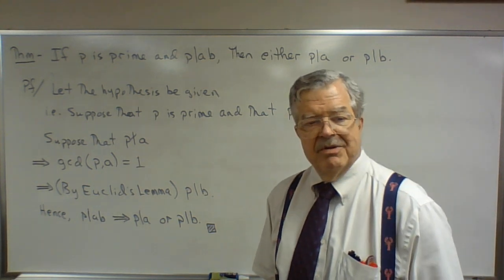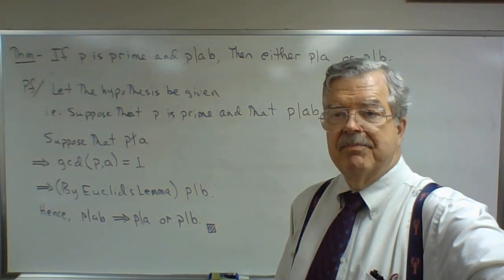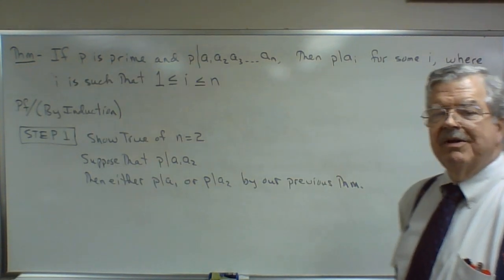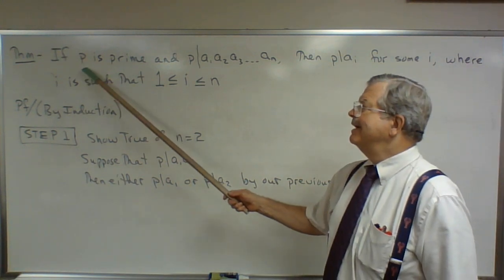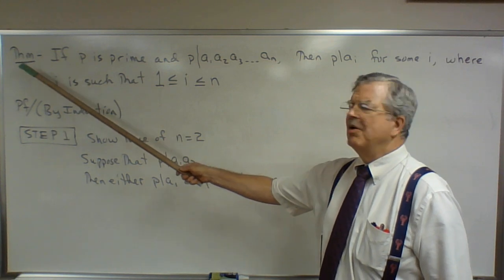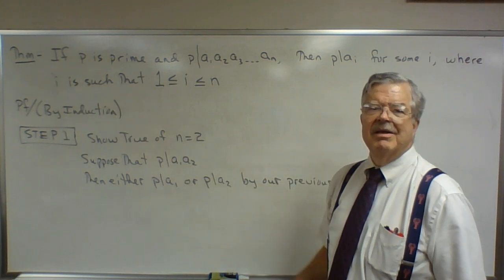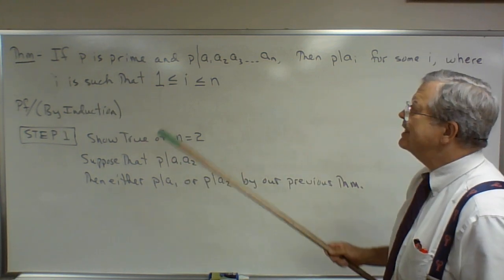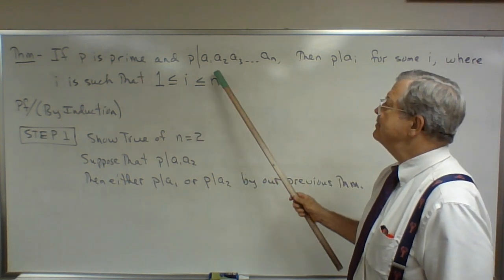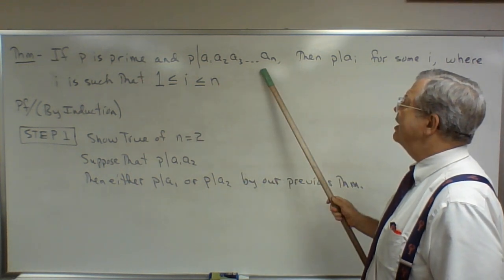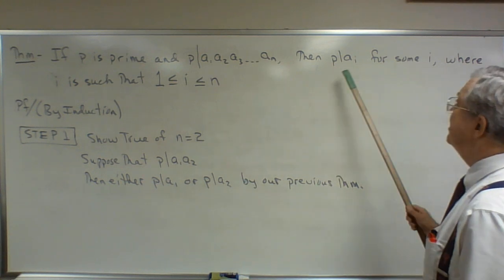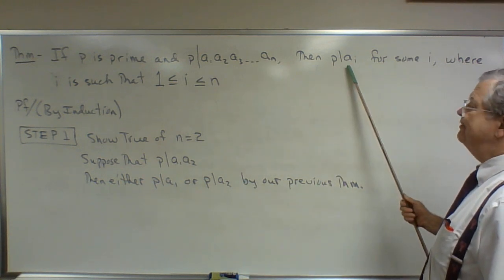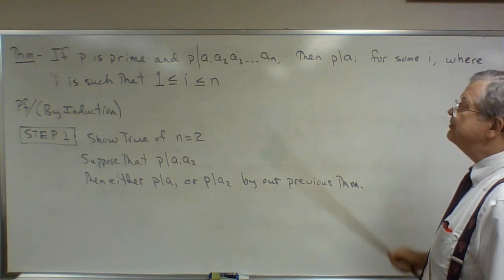Now we're going to generalize this just a little bit. Okay, here's our next theorem, and I'm lying, it's actually a corollary, I think. We'll call it a theorem. If P is prime and P divides the product of n integers, then P has to divide at least one of them.